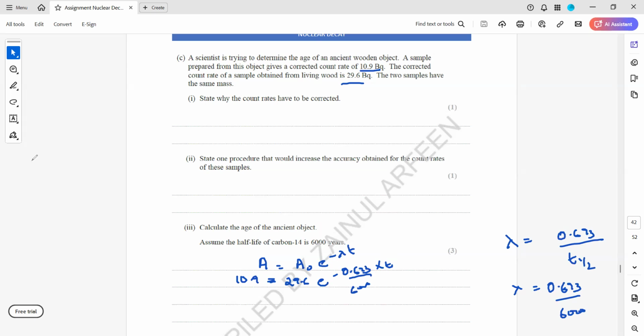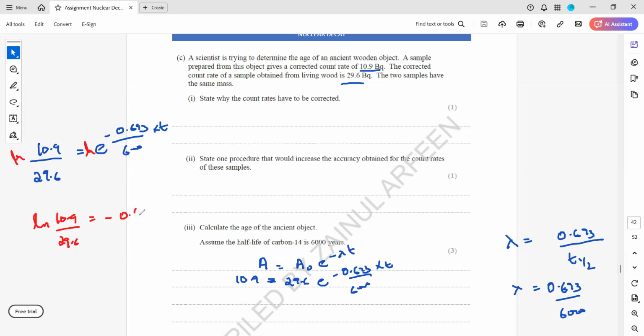Solving it here, 10.9 divided by 29.6 equals e raised to the power minus 0.693 over 6,000 times t. Then we take ln on both sides. So this will be ln of 10.9 divided by 29.6. The ln and e cancel.